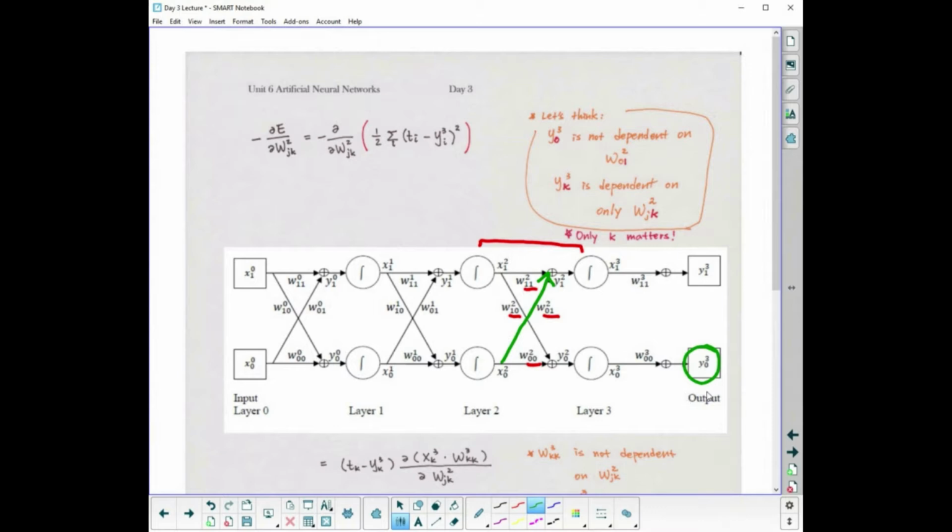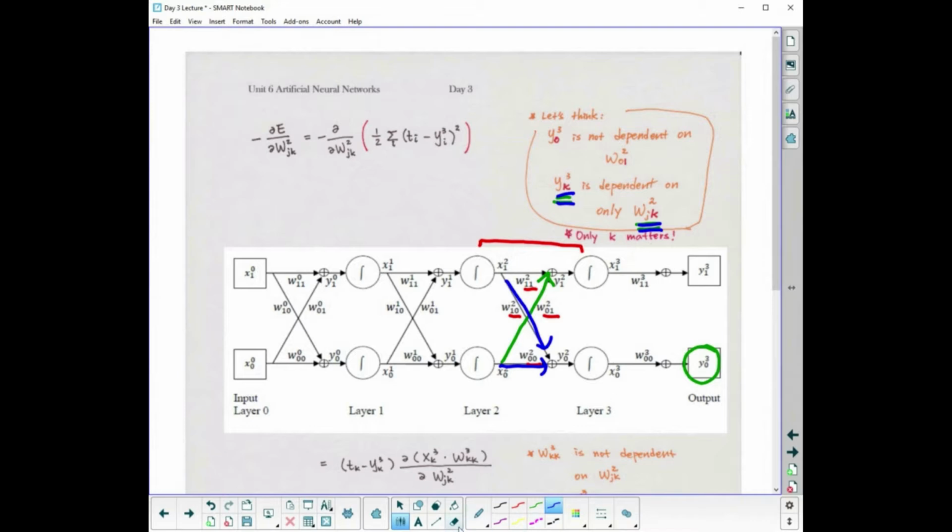So in that case, if we use K for the output level, only weights with final destination K will be related. So for K is 0, only weight layer 2, 1 to 0, and weight layer 2, 0 to 0 are related.